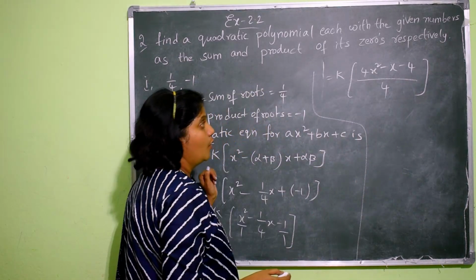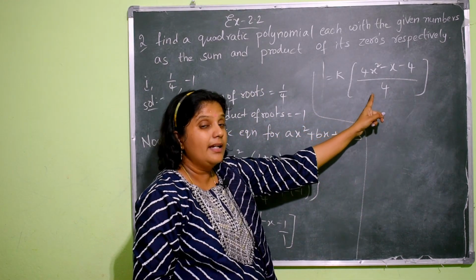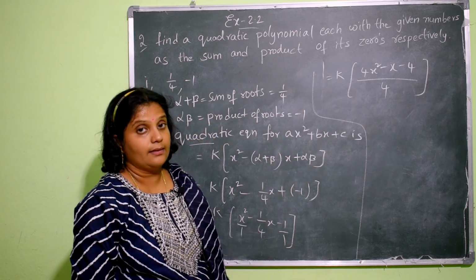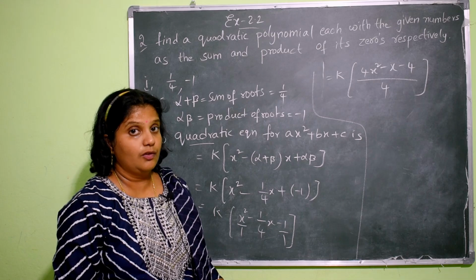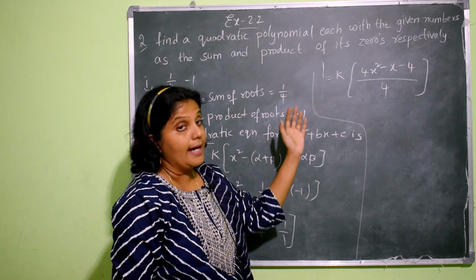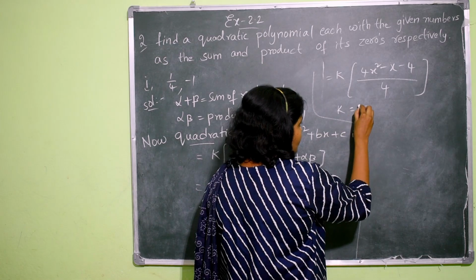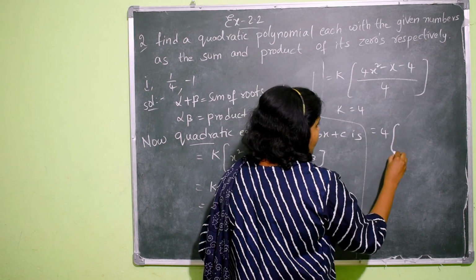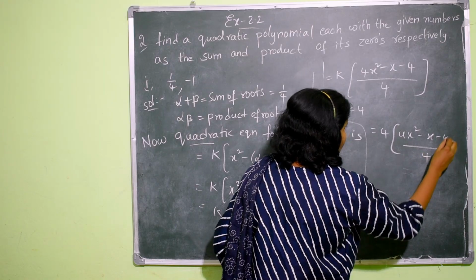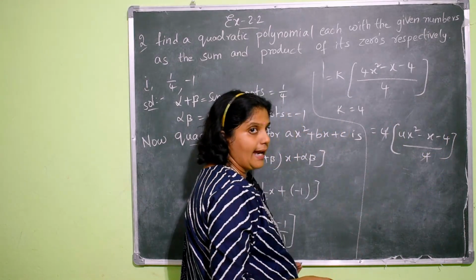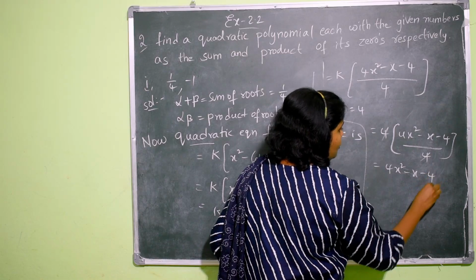What is the denominator we got here? 4. Now I will explain why we wrote 4 here. If any denominator is there, like 4, 3 and so on, to cancel it out we write k. So let us assume k value as 4. Then 4 into 4x square minus x minus 4 by 4, so 4 and 4 get cancelled, giving 4x square minus x minus 4.